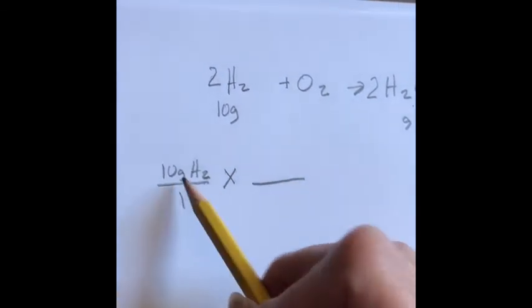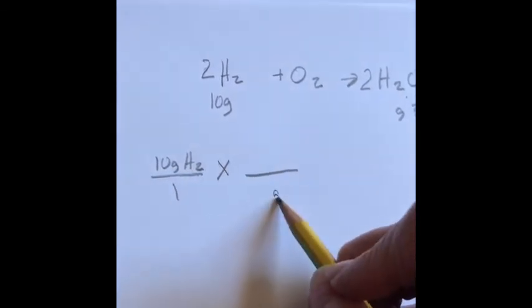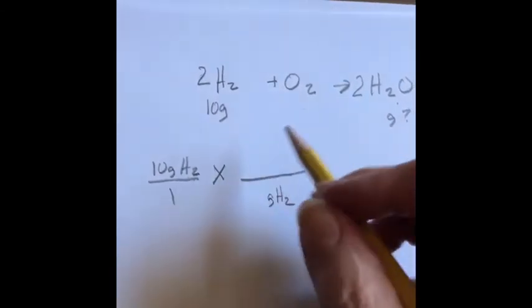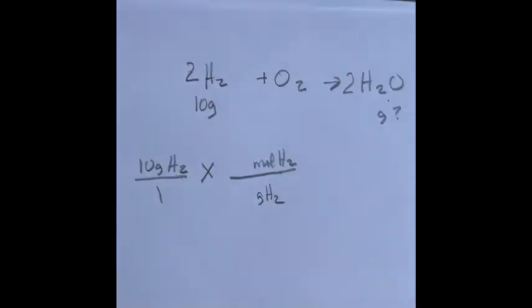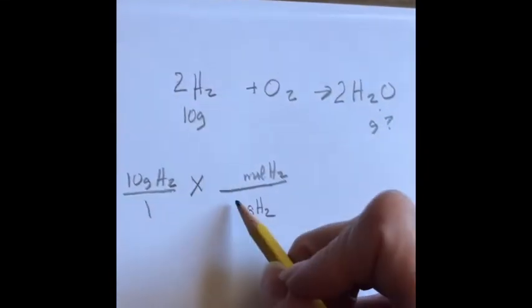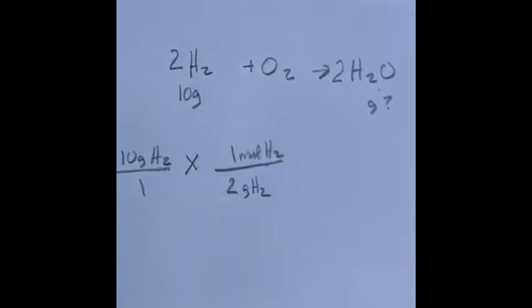So just remember, the little cheat is if I say grams of hydrogen here, just put grams of hydrogen here. And then you can kind of think about it. I'm going to put moles of hydrogen because that's what my molar mass was. I think we did that already, and we said that the molar mass is 2 grams for 1 mole.